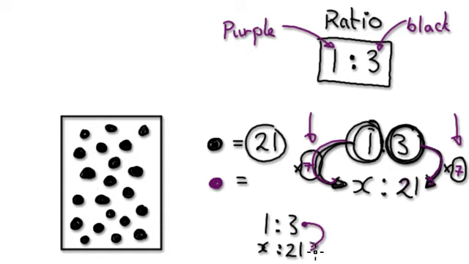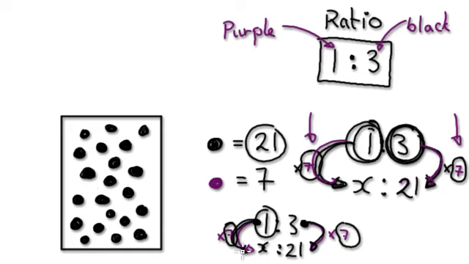If you multiply by 7 over here, then you multiply by 7 over here, and that would take you into the x. So I know that to get from here to here, I need to times by 7. So 1 times 7 would take me into the x. So x is actually 7.